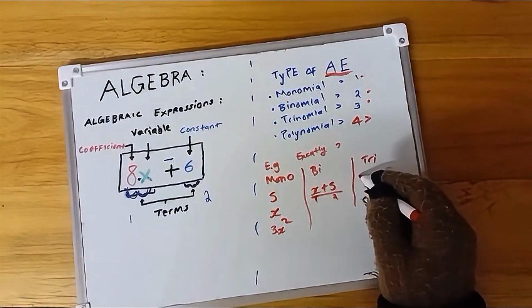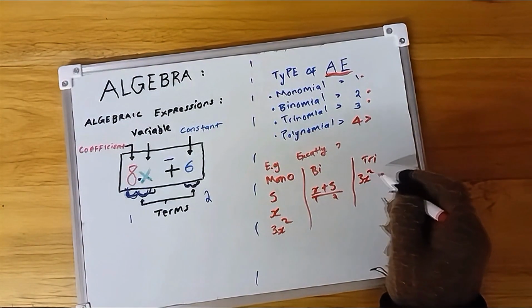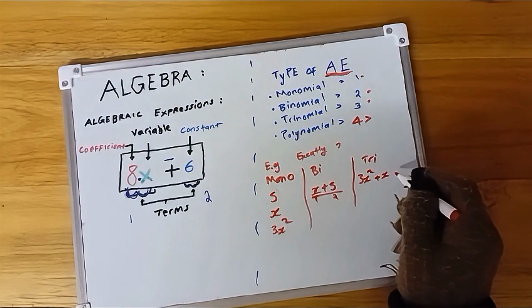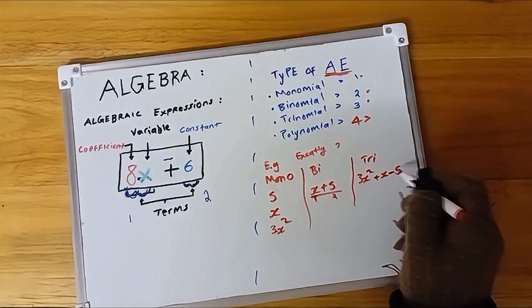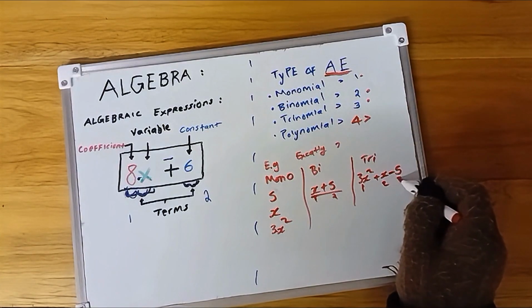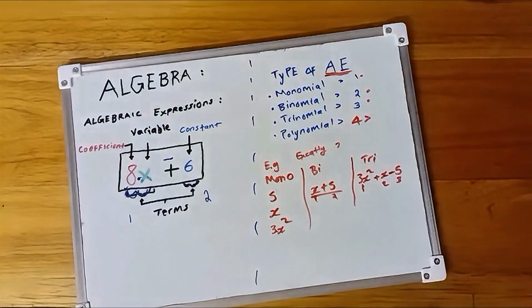For this one, I just combine everything from my mono plus x. This time let me choose minus this side. Term 1, term 2, term 3. As you can see, no multiplication, no division, only plus or minus signs.